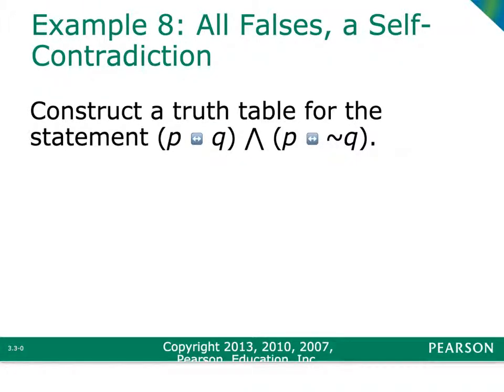Construct a truth table for the following statement. P if and only if Q, and P if and only if not Q. Okay, so let's do a truth table for this, and I can show you what it's going to look like. So I'm going to squish this down a little bit.